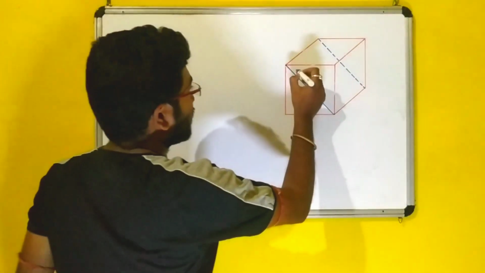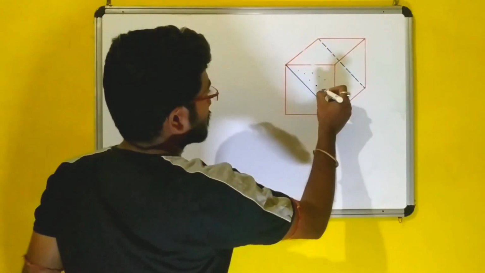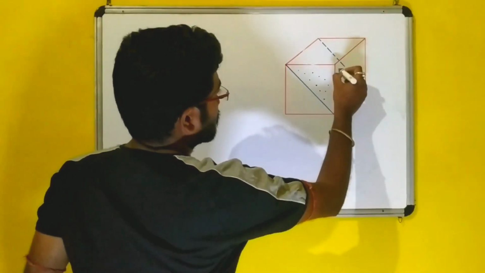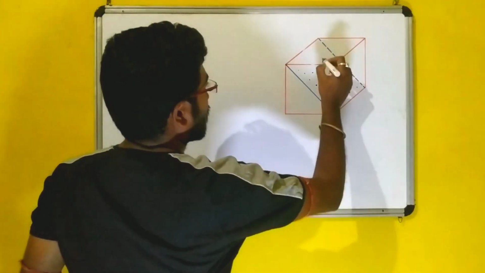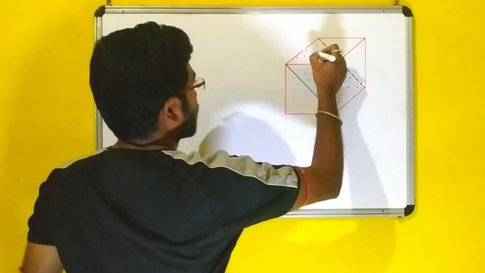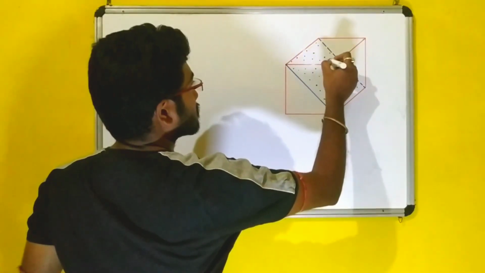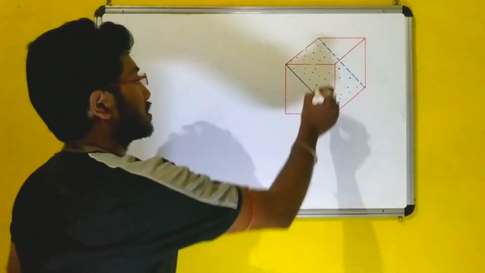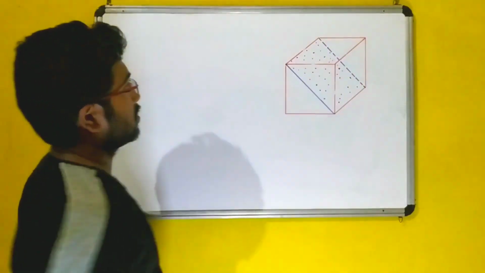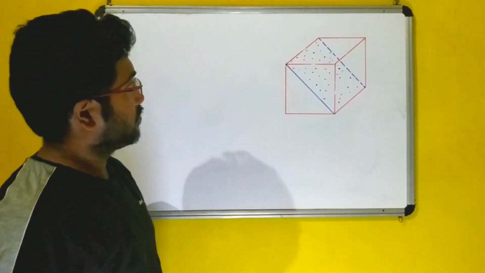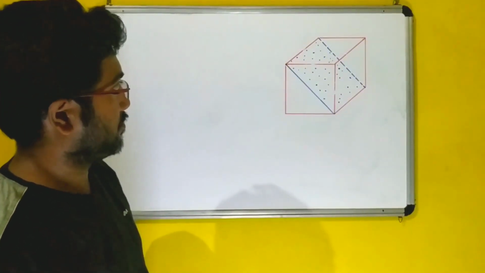If we want to highlight it, we have to place just some dots on that plane. There are some dots on that plane. So this is the three-dimensional plane.